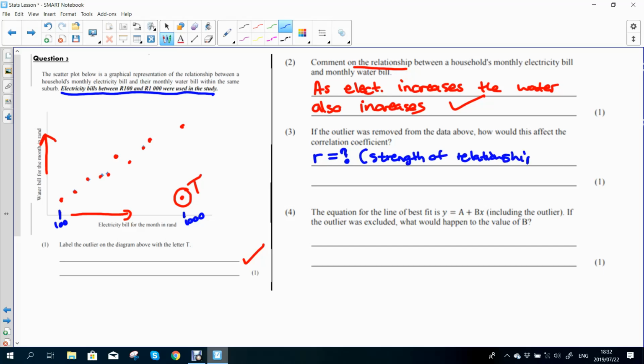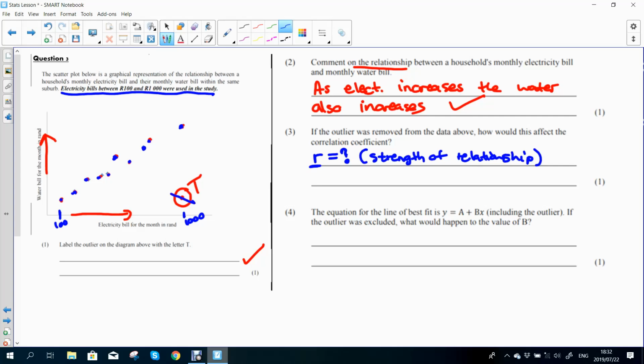Okay, so meaning the closer that the dots are to one another, the higher your little r will be. The further away these dots are from one another, the smaller the little r will be.